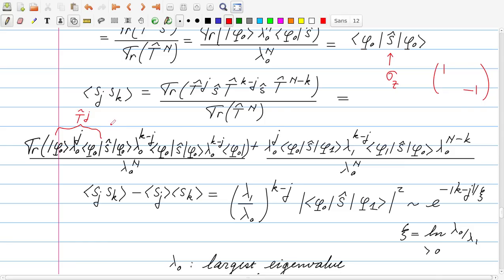Then I have here my Sj. Here I have my T to the power k minus j. That's what I have there. Then I have another S at site k. And then I have here n minus k T operators left.